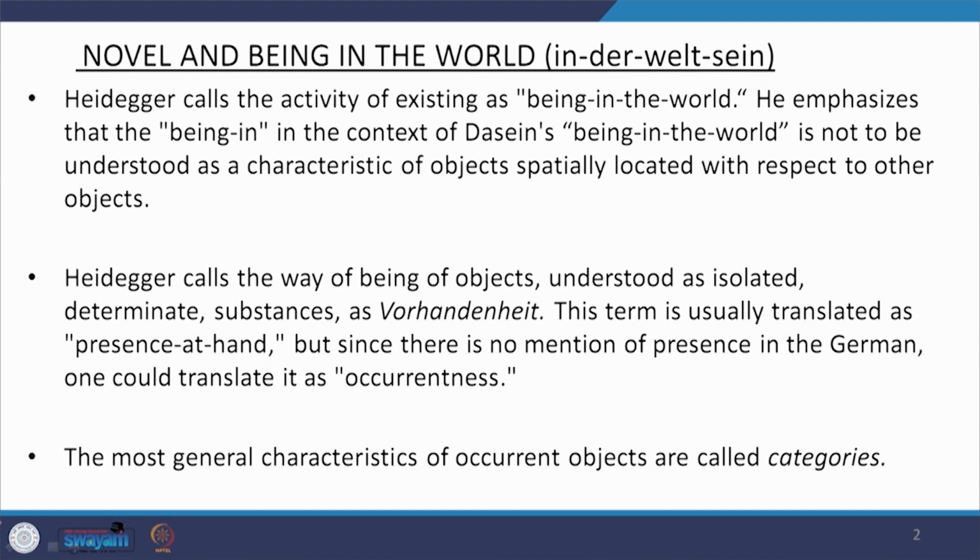However, there is no mention of presence in the original German in which Heidegger is writing, so one could translate Vorhandenheit as occurrentness. The most general characteristics of occurrent objects are called categories.